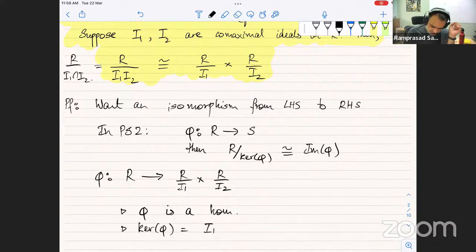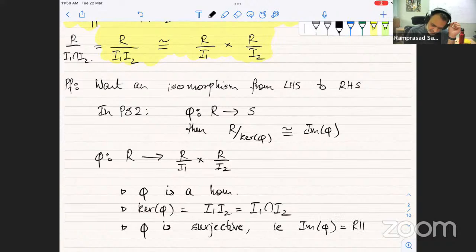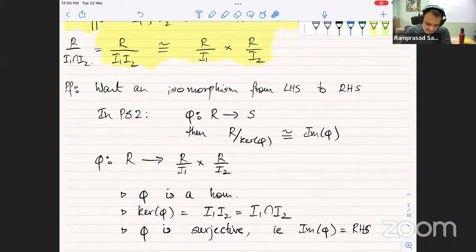This is equal to I1 I2, which we have just seen is equal to I1 intersect I2. And that phi is surjective, I mean the image of phi is equal to all of the right-hand side. That will immediately tell us, from the first isomorphism theorem, that R quotiented by the kernel is isomorphic to this. So far, so good.